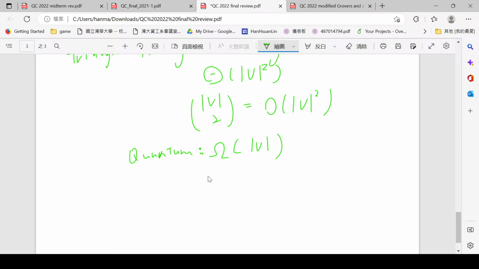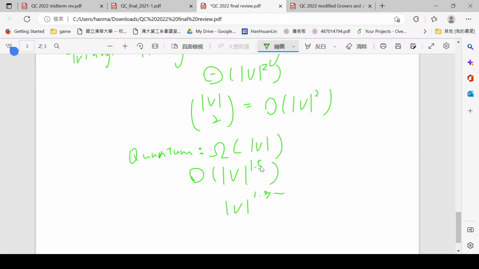It's very easy to get order v to the 1.5, which is the quadrant we have in our final, but I think the best known is something like 1.3 something.